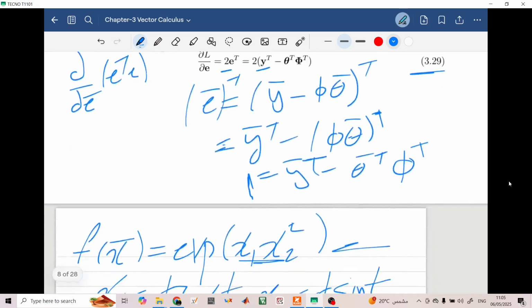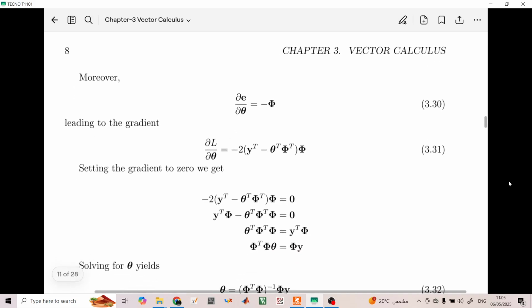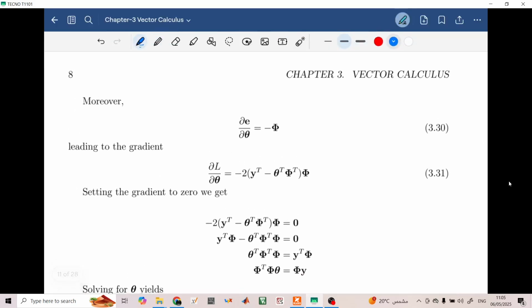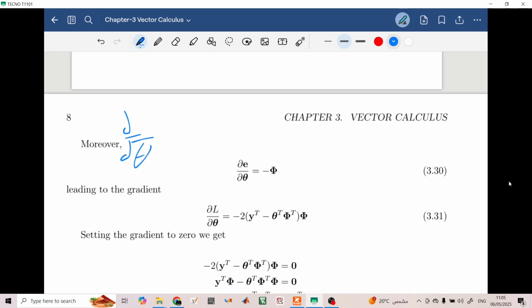Now the second part: you want to take the derivative of this. Again, let us write it down here. We need to take the derivative with respect to theta of y minus phi times theta. Y is a constant, so it goes away.